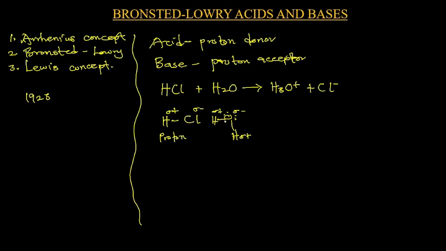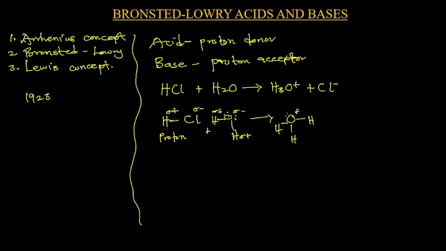So what happened here is at the other side of the equation, we have oxygen now bonded to three hydrogen atoms with just one lone pair, and this time it has a positive charge on it. So this is H3O plus.